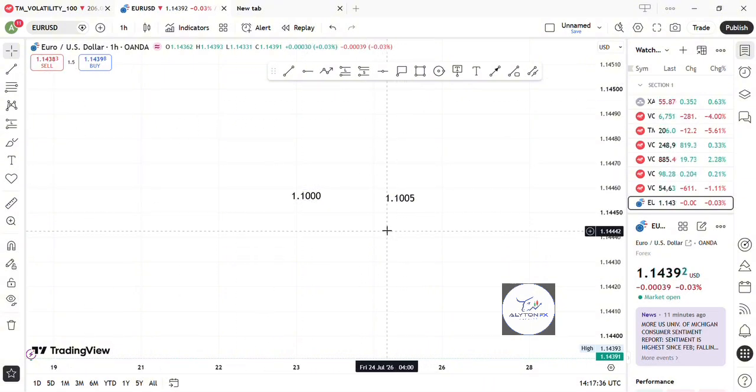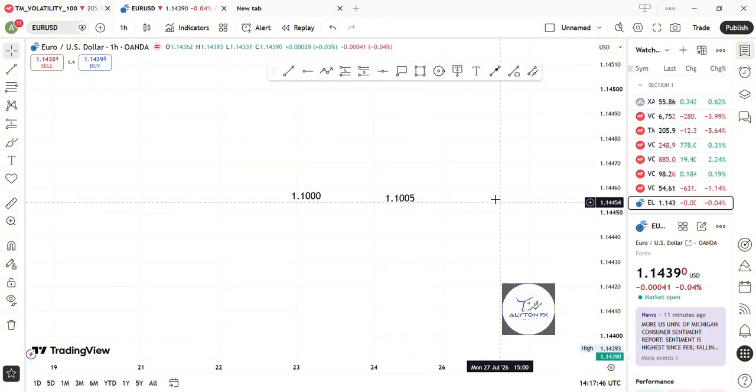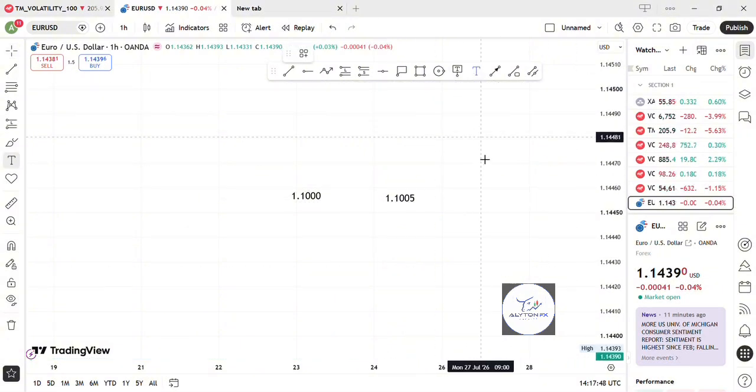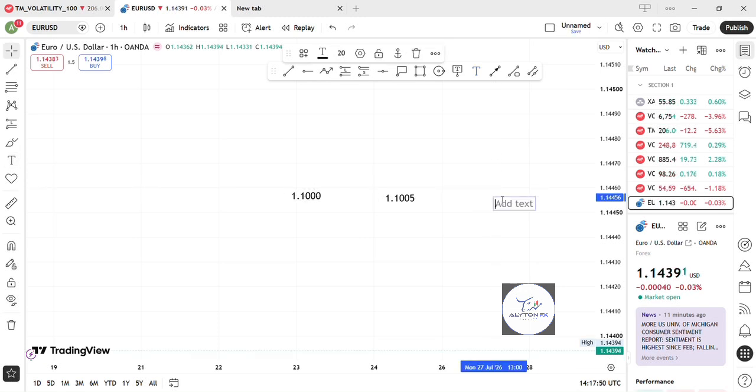So the market moved from 1.1000 to 1.1005. This means that we made 5 pips profit. Let us see the market move to 1.1009.